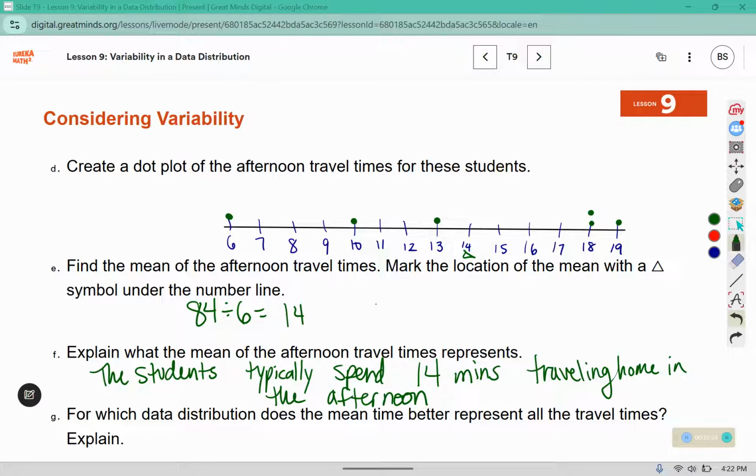For which data distribution does the mean time better represent all the travel times? Explain. Well, in the morning, most of the travel times were closer to the mean than they are in the afternoon.